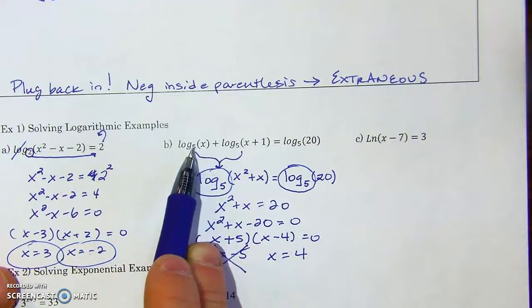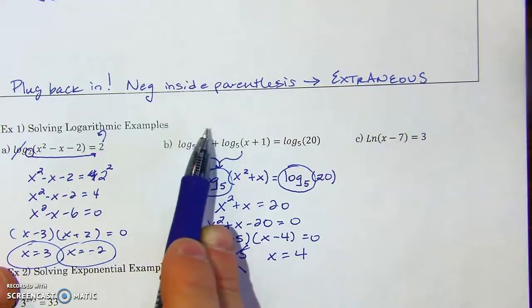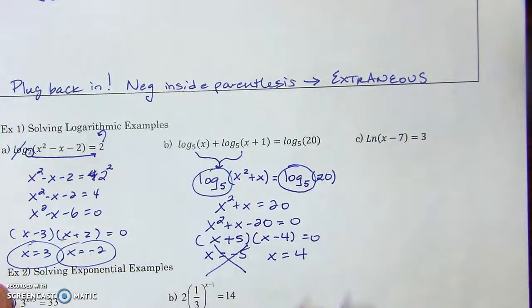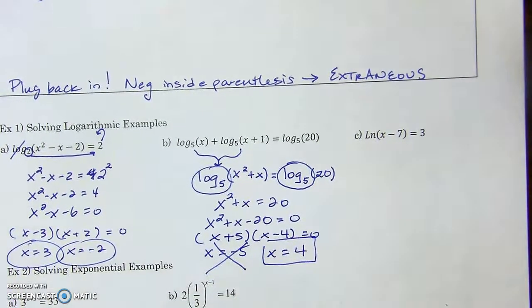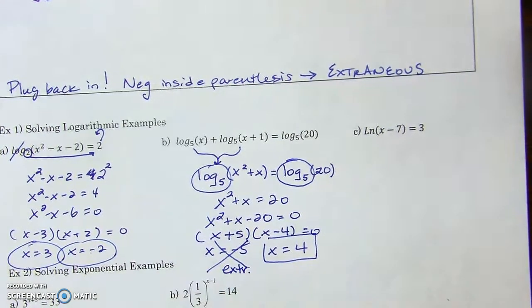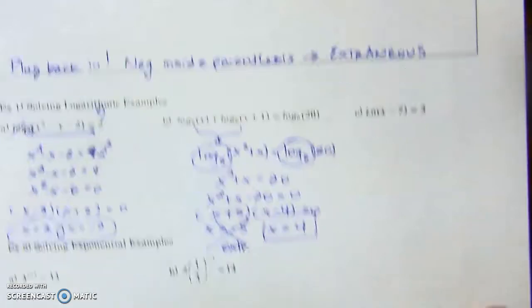Why is that impossible? 5 to no power that ever exists is going to give us a negative output. So we're just going to go with x equals 4. This one would be extraneous. For C, we're not even going to do that one. That's just log base e, convert to exponential form, and go from there.